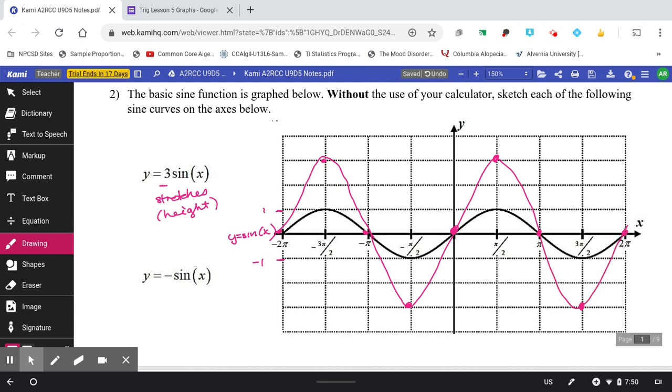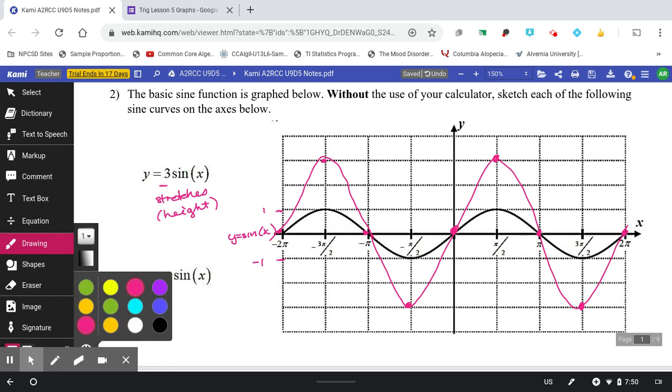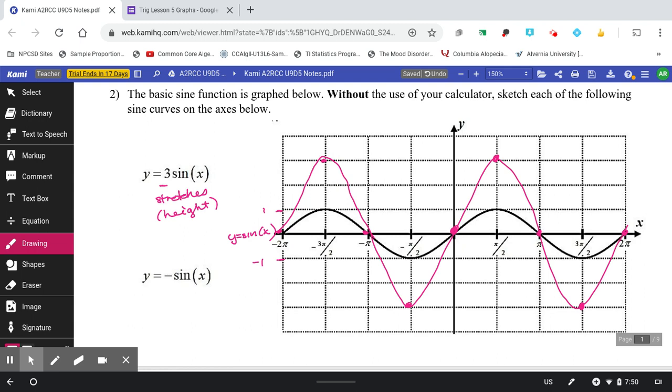Okay. Now let's try the negative sign. Okay, so now we're still going to start at 0, 0, right? Because negative reflecting over the x-axis, you can't reflect over it when it's on the line. But now at 1, it's going to go to -1 instead. And then at -1, it goes up to +1.